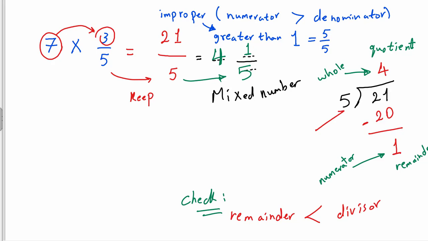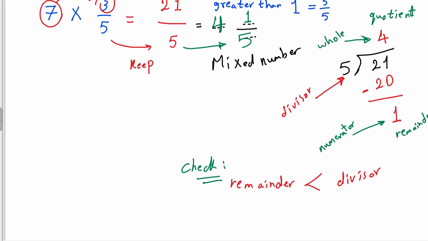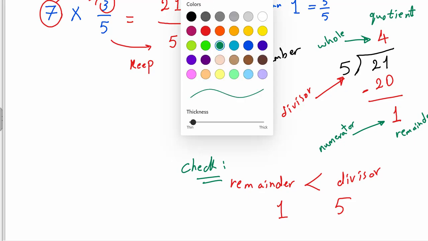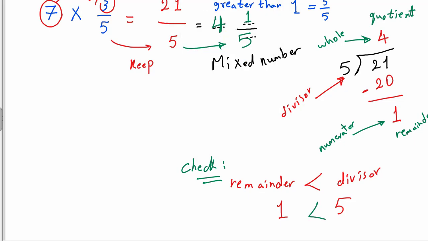The divisor here is 5. So the remainder is 1. The remainder here is 1 and the divisor is 5. So of course 1 is less than 5. So the division is okay, it's good.